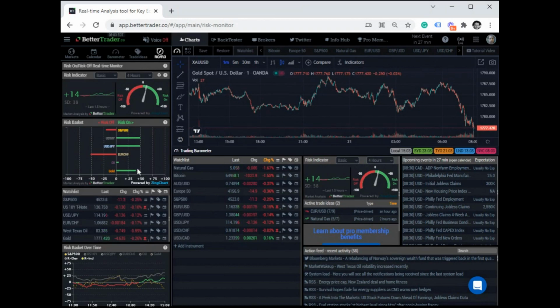Now, how can you use it? First of all, here you can see the risk index, and you can see the standard deviation, but let's remove it, and let's say that you trade S&P 500 and oil and gold. So this is gold.